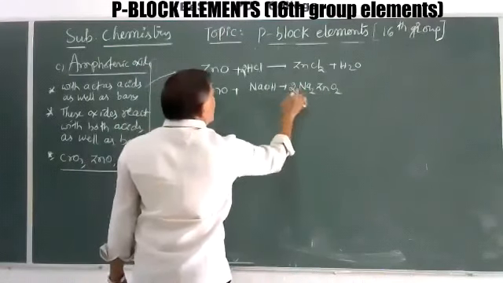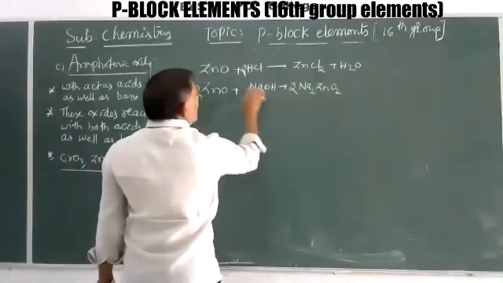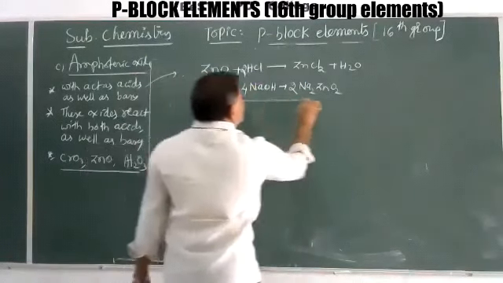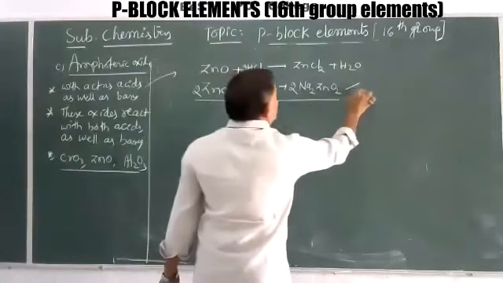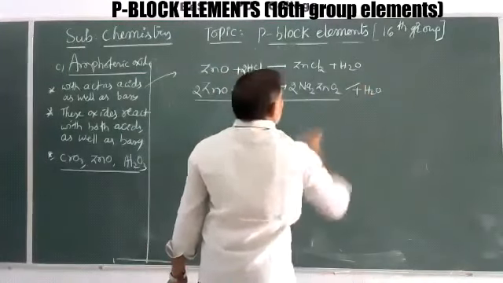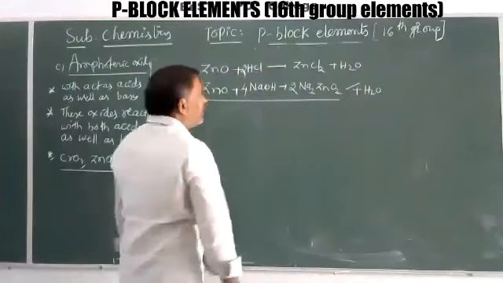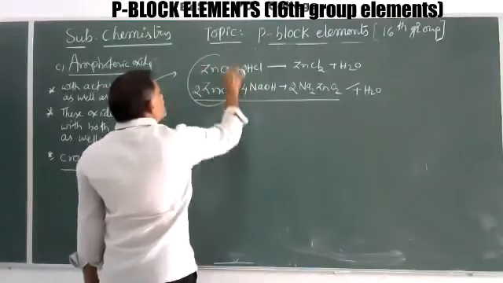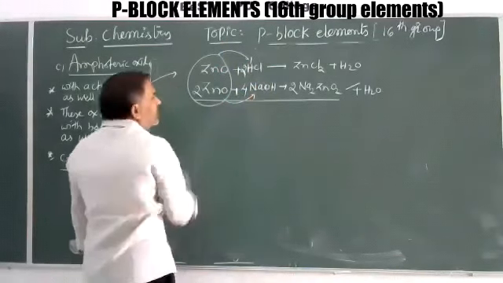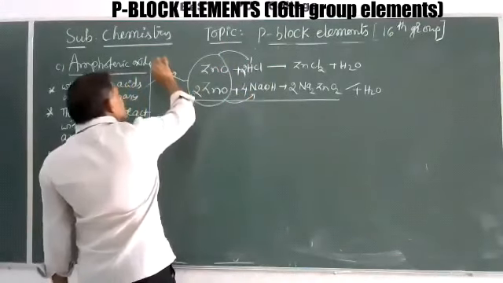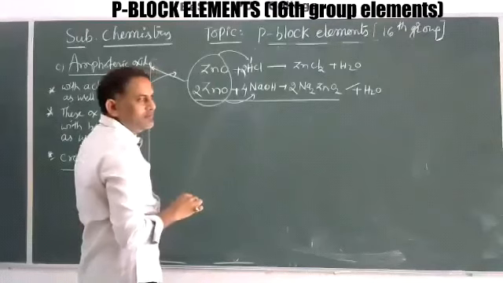Here take 2 moles of NaOH, then here 4 moles; balanced. Sodium zincate plus water, H2O, is formed. So this zinc oxide reacts with the acid as well as the base. That's why it acts as an amphoteric oxide.